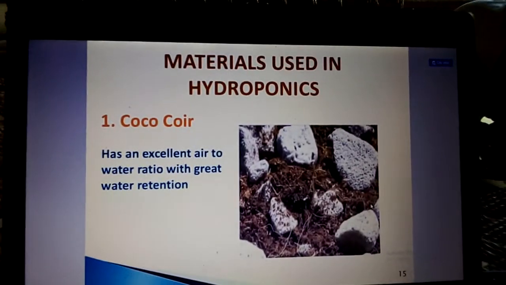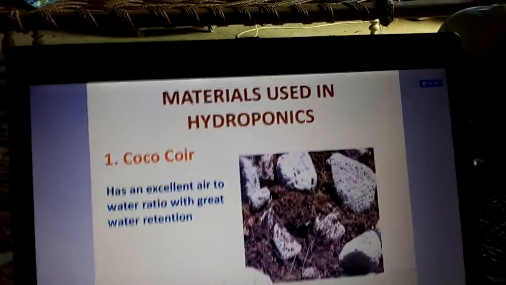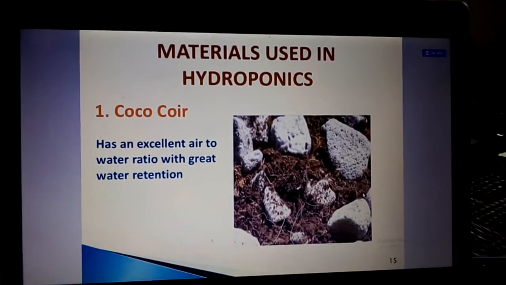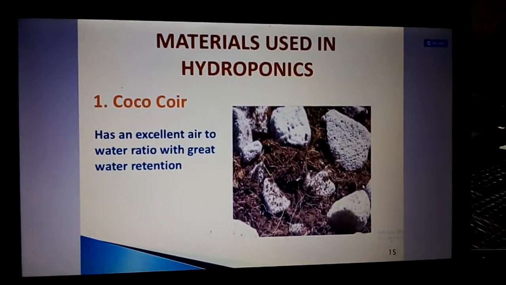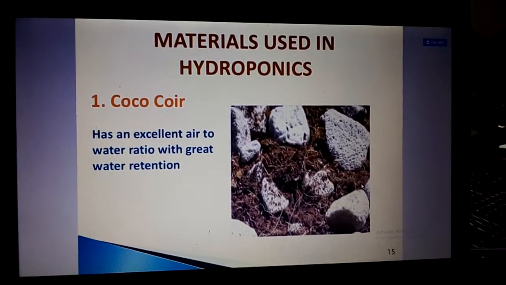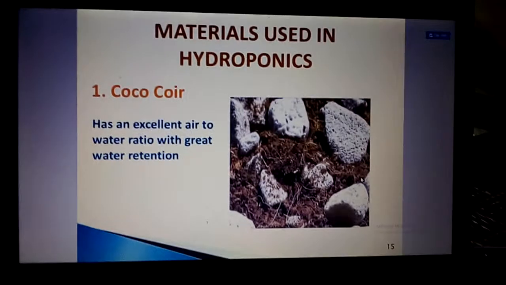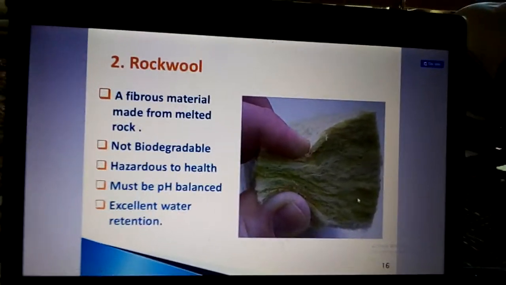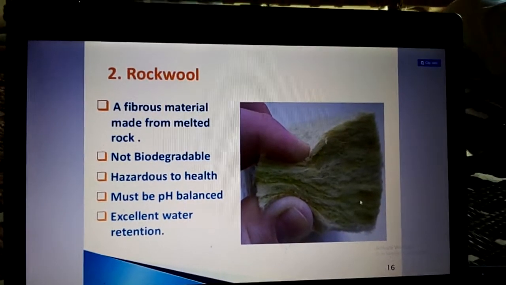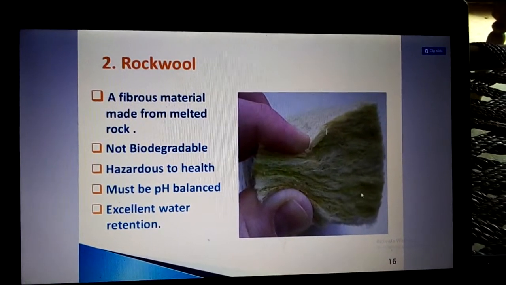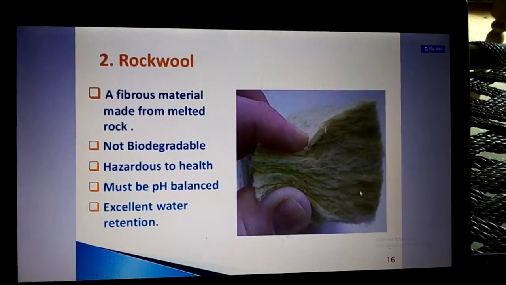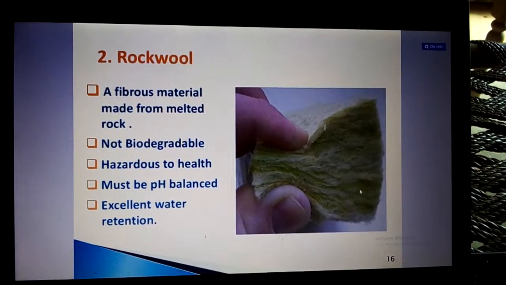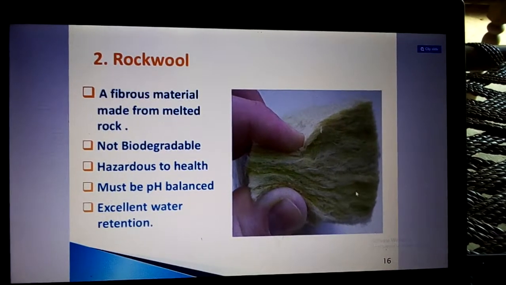Materials used in hydroponics. The first one is coco coir. It has an excellent air to water ratio with great water retention. The second one is rock wool, a fibrous material made from melted rock, not biodegradable, hazardous to health, must be pH balanced, with excellent water retention.